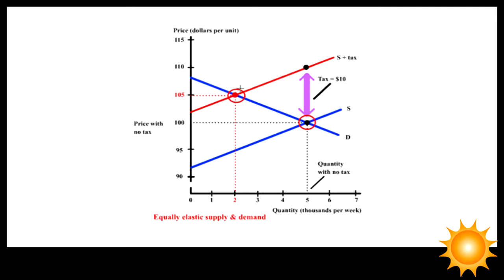to here. As you can see, the sales tax has greatly reduced the quantity bought and sold. The post-tax price did not rise by the full amount of the per unit sales tax. In fact, it rose by only half of the per unit sales tax.